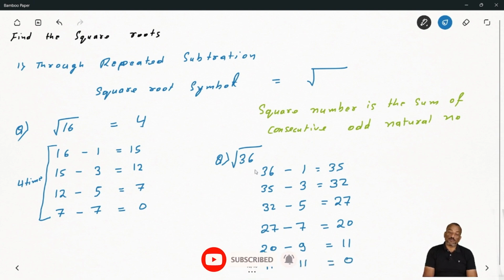How many times have we done this step? 6 times. So the square root of 36 is 6.